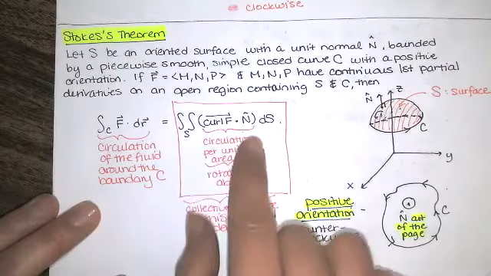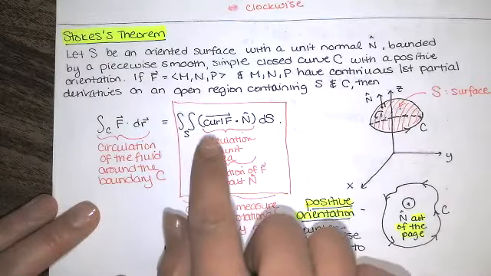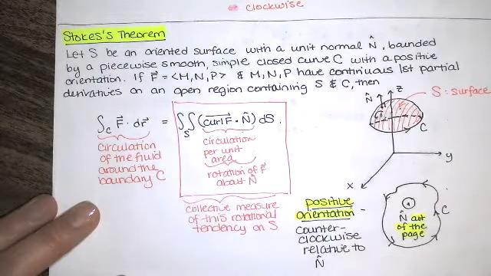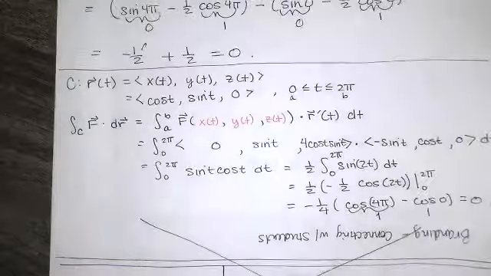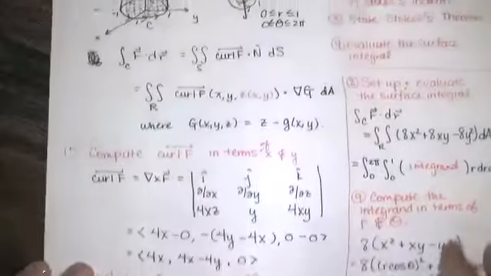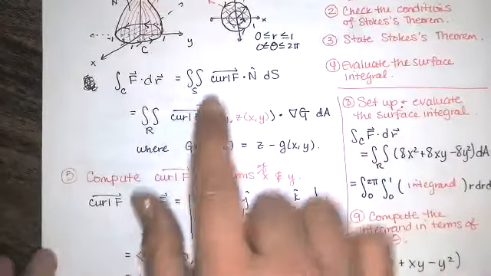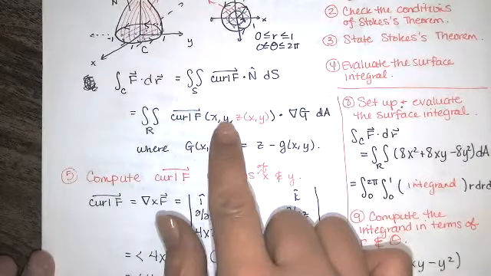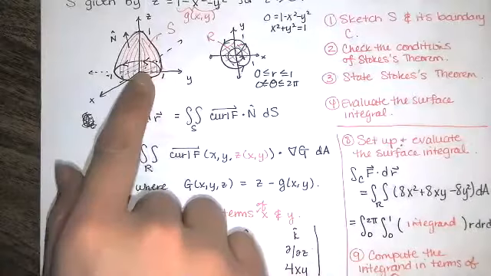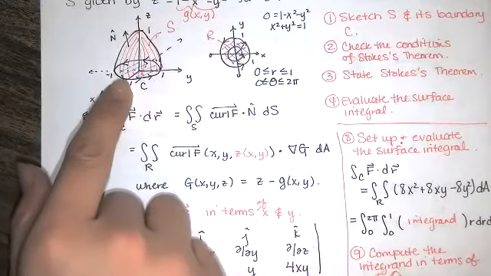Now, a surface integral, remember how that works. You're never just going to integrate over the surface. You always have to look at the projection of the surface onto either the XY plane, the YZ plane, or the XZ plane. I have a tendency to project onto the XY plane because that's sort of easiest for us. Here's my example. If I want to evaluate this, what I need is the curl in terms of X, Y, and Z of X, Y, where Z of X, Y is Z as defined by your surface.